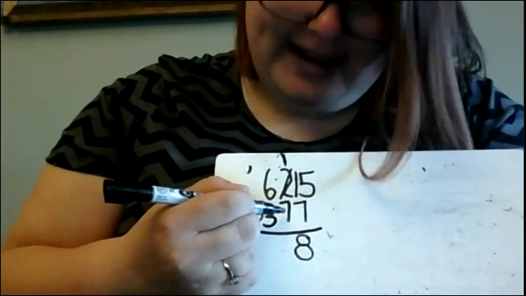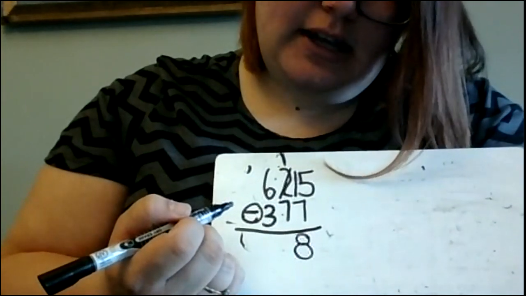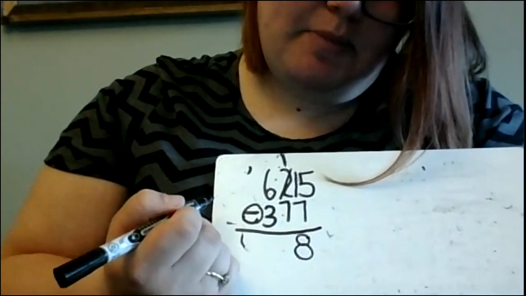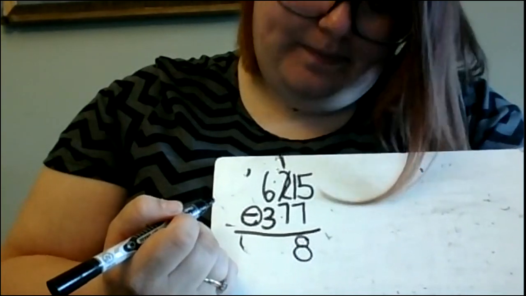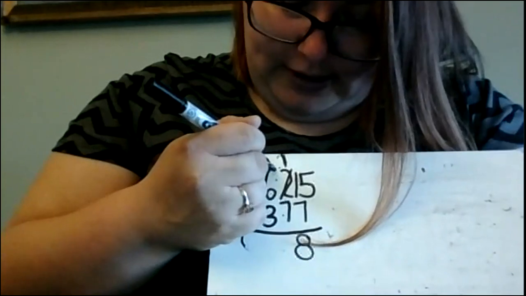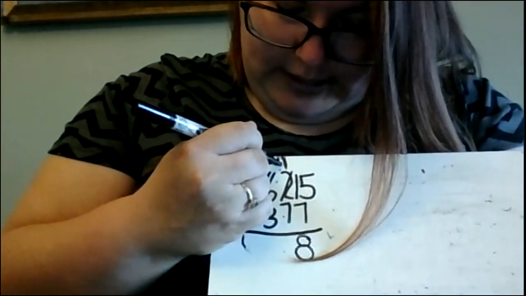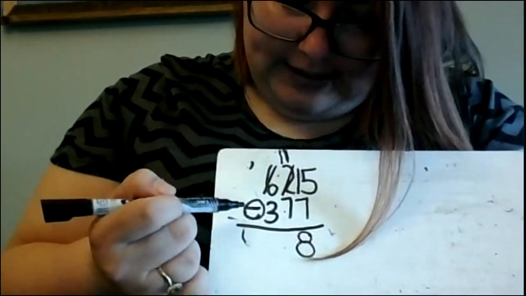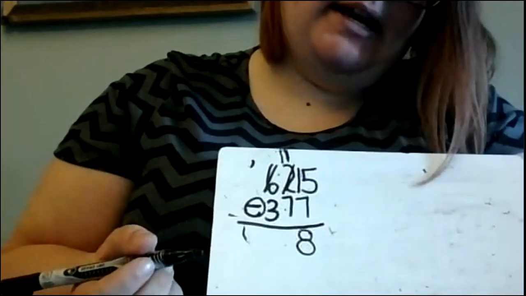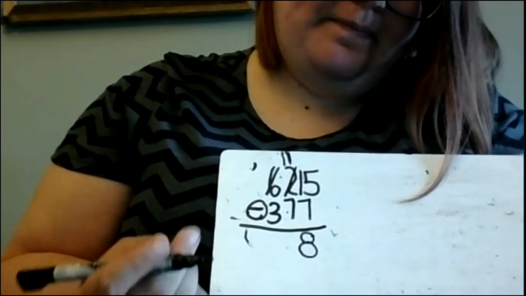My 2 tens becomes a 1 ten because I borrowed. 1 ten take away 7 tens. Can I do that? Or do I need to borrow? Right, I need to go next door and get 10 more. So I have 11 tens minus 7 tens equals what?